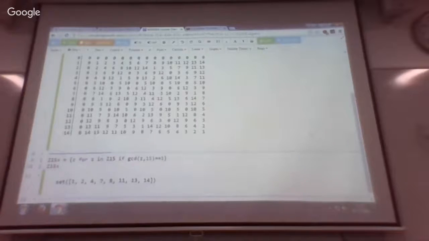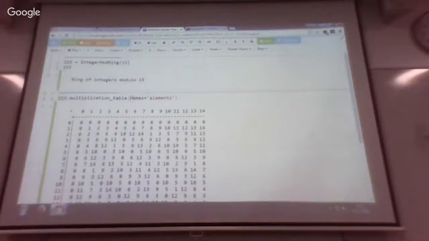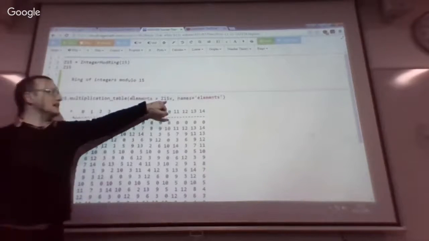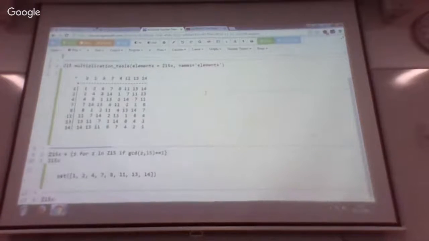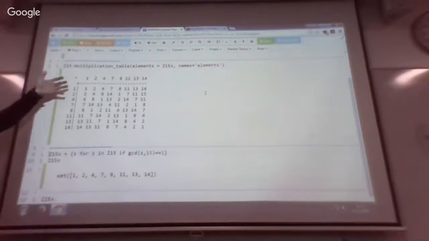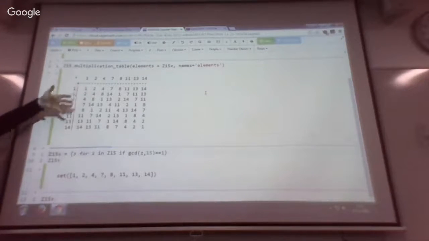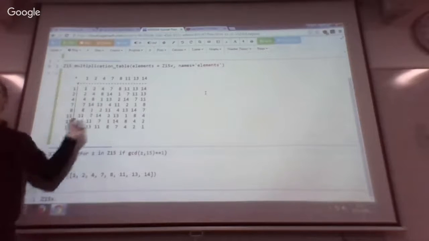So with this new variable z15x, if I change this command here and type in elements equals z15x, that means I only want the multiplication table for these elements here. So I'm chucking out all the ones that are not coprime to 15. That reduces the table somewhat. Okay, so we've lost all the multiples of 3 and all the multiples of 5. They're the ones that are not coprime. Now we have a nice group multiplication table.